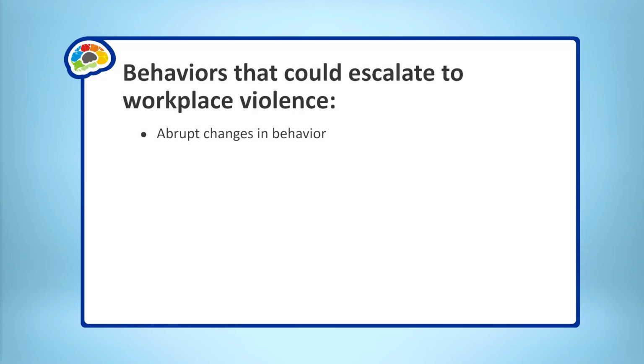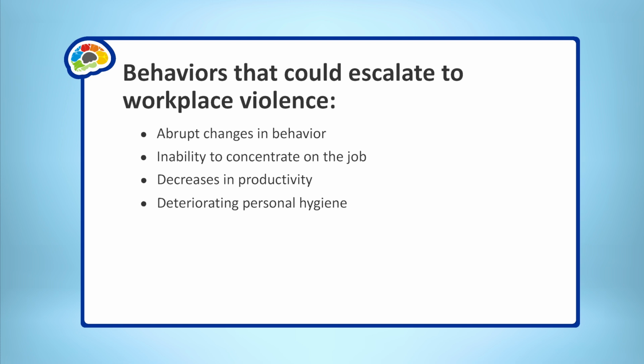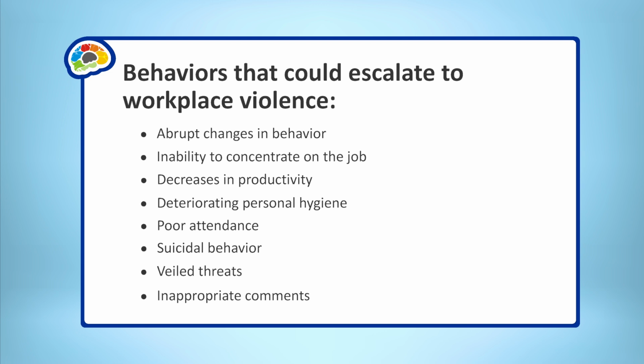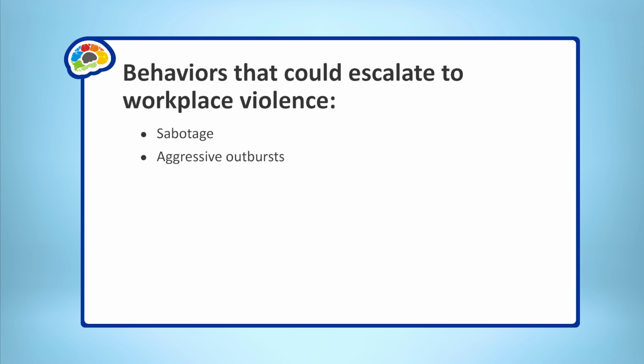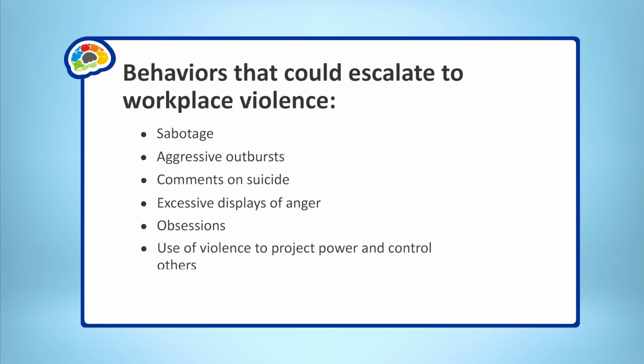It's crucial for everyone in the workplace to be aware of and recognize potential behaviors that could escalate to workplace violence. Specific indicators include abrupt changes in behavior, inability to concentrate on the job, decreases in productivity, deteriorating personal hygiene, poor attendance, suicidal behavior, veiled threats, inappropriate comments, sabotage, aggressive outbursts, comments on suicide, excessive displays of anger, obsessions, and the use of violence to project power and control others.